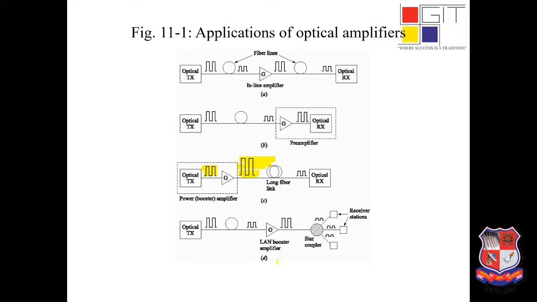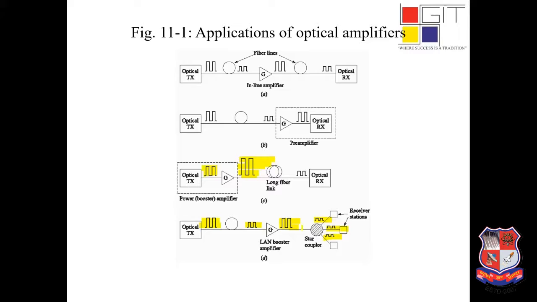Another way is an optical transmitter, then your inline amplifier, and then a coupler, from where you are distributing or dividing the light to wherever you need. As you can see, this does not amplify much, but that is the use of an amplifier itself, because the original signal is of this height approximately, which gets attenuated to a certain extent when it's transmitting, and the amplifier boosts it back up to its original level.